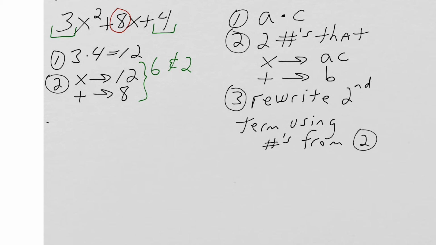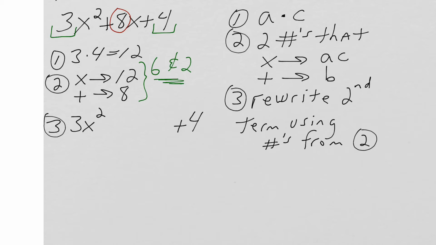What that means is, for our purposes over here, the numbers we just found in step 2 were the values 6 and 2. And so what we're going to do is rewrite the original trinomial. We're going to leave the first term 3x squared. We're going to still leave the last term a positive 4.